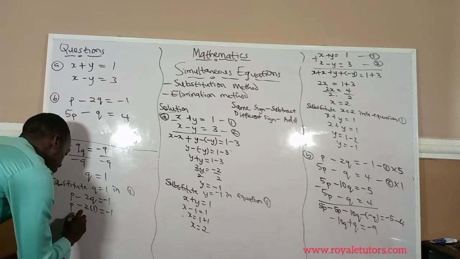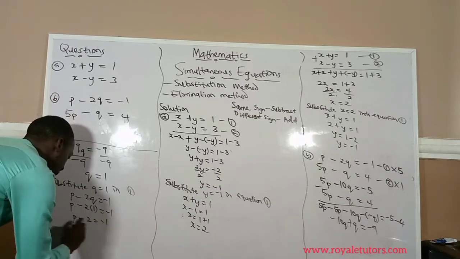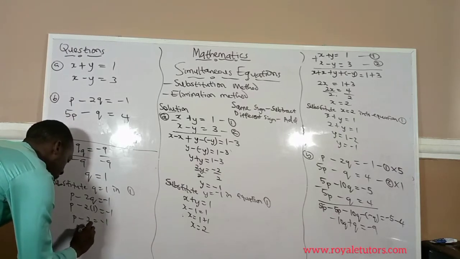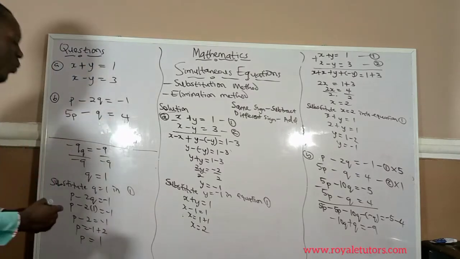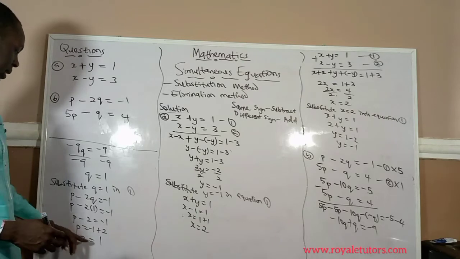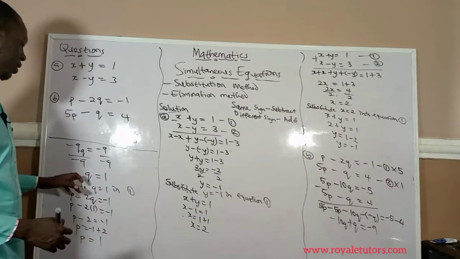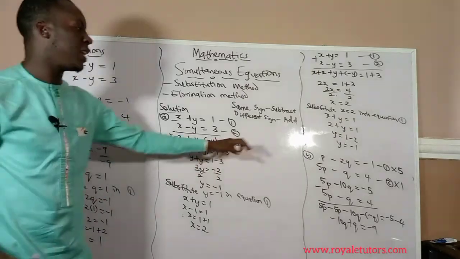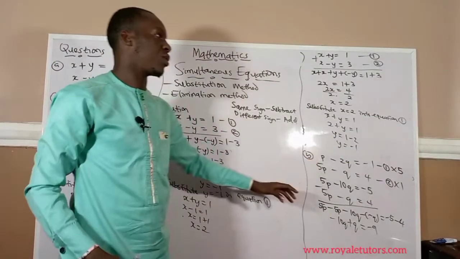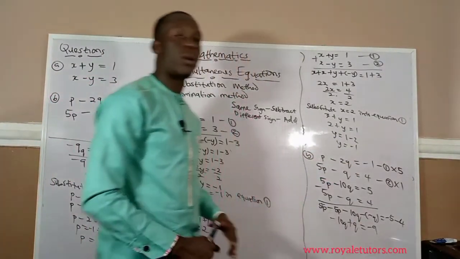So p minus 2 is equal to minus 1, and we have p is equal to minus 1 plus 2, and p is simply 1. So with that, we've been able to see that p is equal to 1 and q is also equal to 1. If we plug in these values into any of these two equations, we're going to get what we have there.